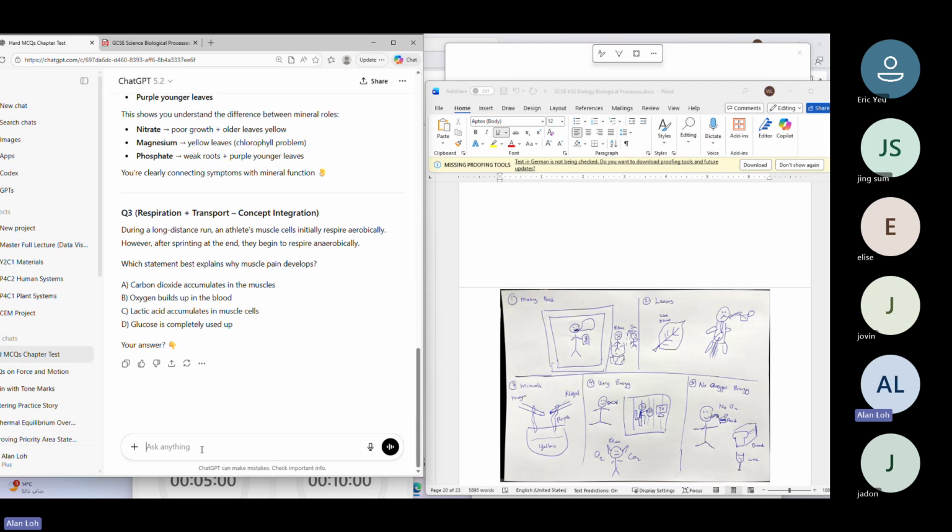Jovin, let's try. Drawer, answer. Drawer number 4. Okay. C. Anyone object? Anyone didn't agree?